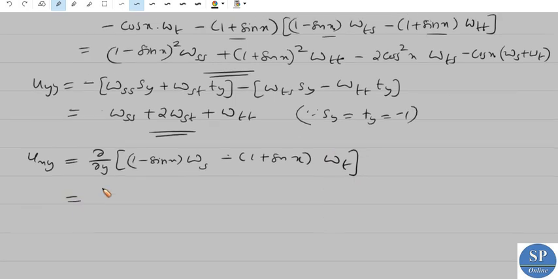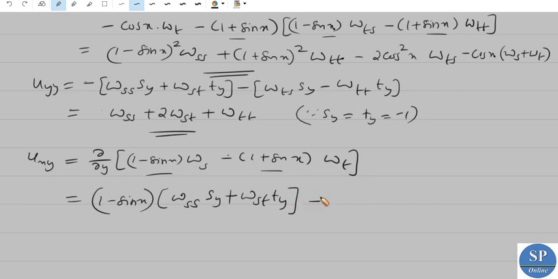We are differentiating with respect to y, so these are constants, so we can take outside 1 minus sin x into partial derivative of ws with respect to y, so we can write wss sy plus wst ty.